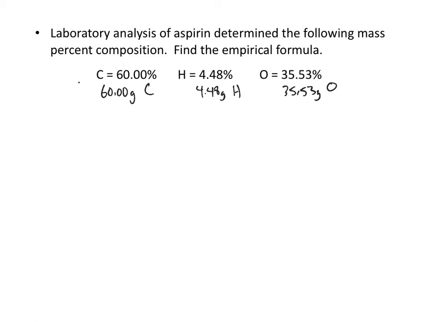Now sometimes in these problems, they just give you the masses straight away. In that case, you don't have to do any assuming, just work with the masses they give you. Then for each element, I want to convert those masses into moles. So for carbon, to convert to moles, I need to divide by the molar mass.